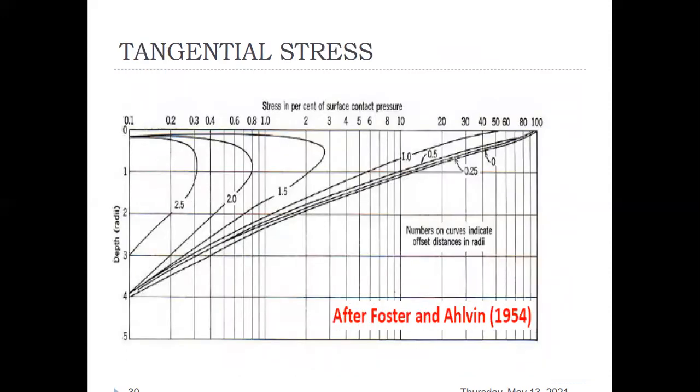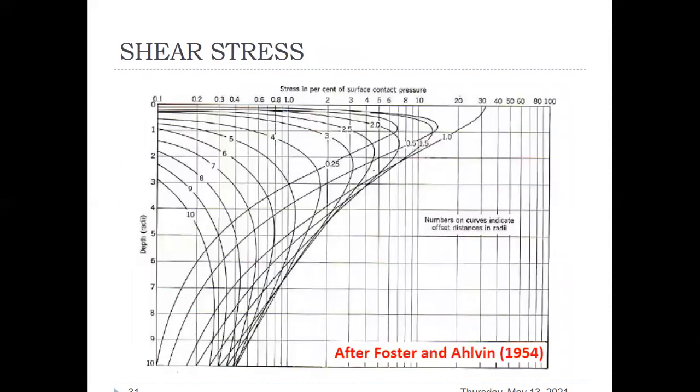Foster and Ahlvin have also presented the chart for calculating tangential stress, and here this is depth over radius, and then here this is stress, and this again is R over A. All the numbers on the curves are R over A. Shear stress can be calculated from this chart.